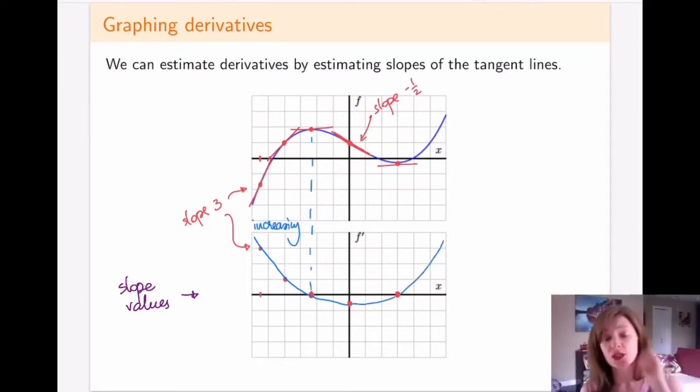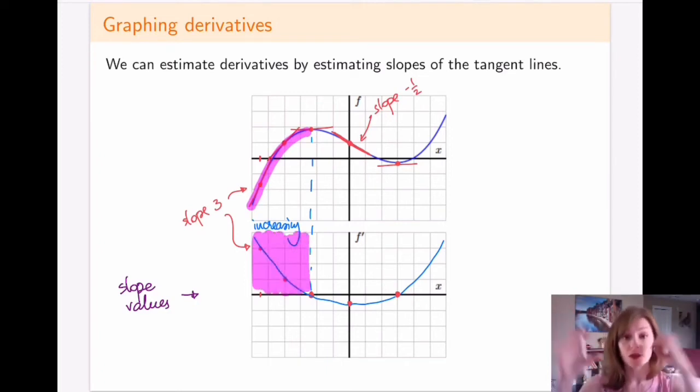Increasing function means slopes of tangent lines are positive, which meant that my derivative function lied above the x-axis. Okay, so this is actually a really interesting observation. If the original function is increasing, that means that the derivative has to lie above the x-axis because it has to be positive.